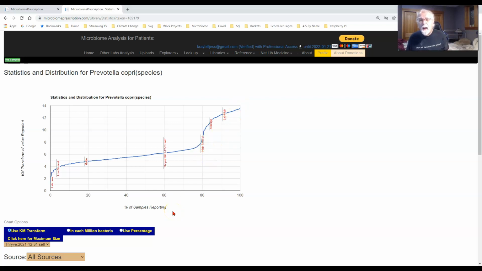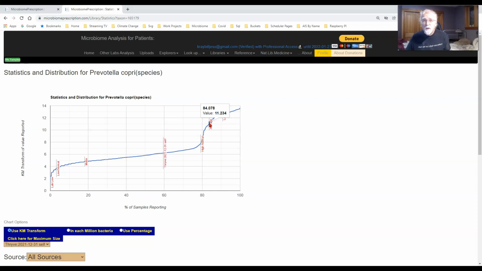Now, if you work with averages, which labs often do, sometimes because you don't have a high quality statistician on staff or they haven't been given time to do their homework, you see here's the average. The average, given all the values, is way up here.